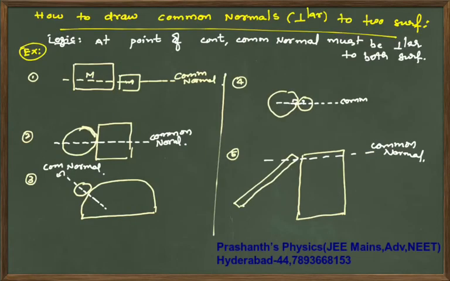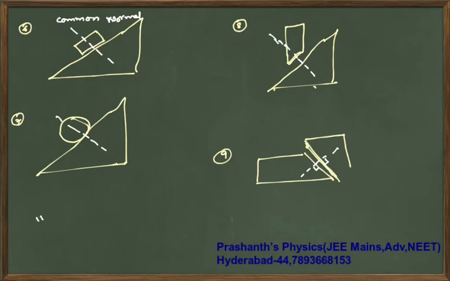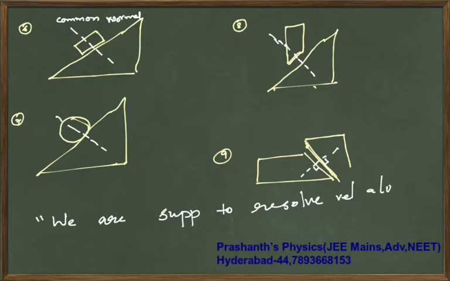In all these figures, we are supposed to resolve velocities along the common normal. Hope you have understood and there are no doubts at all.